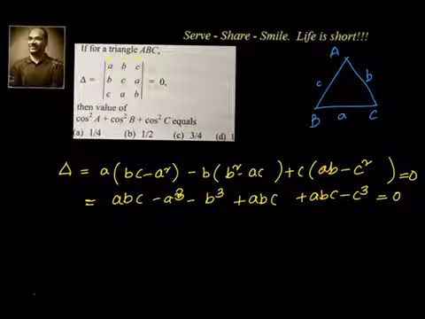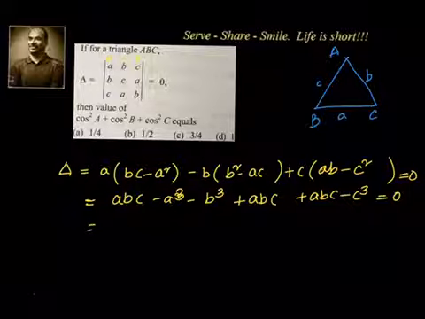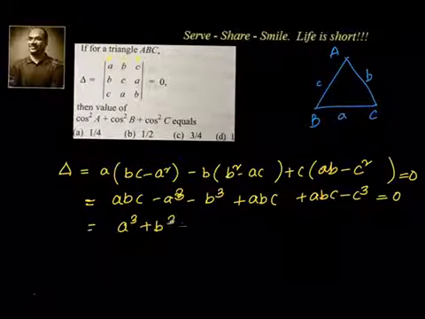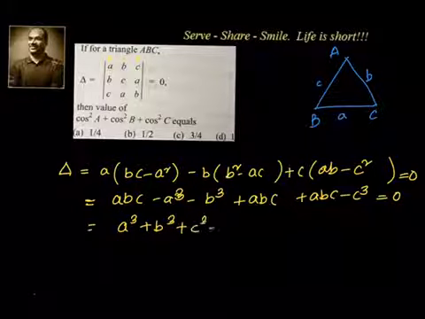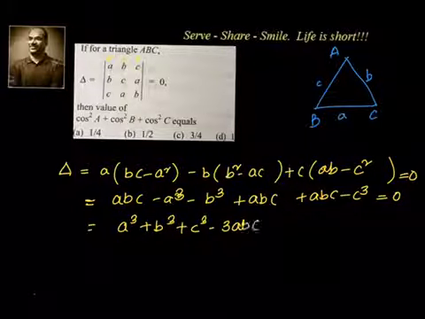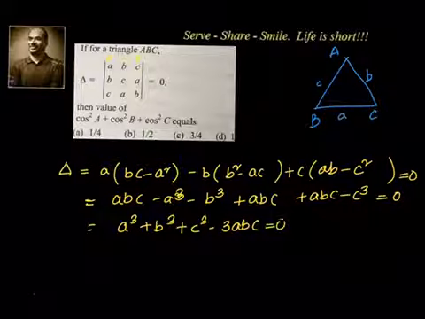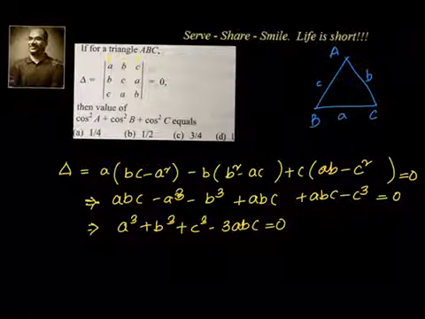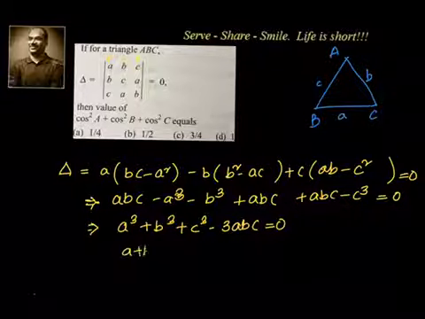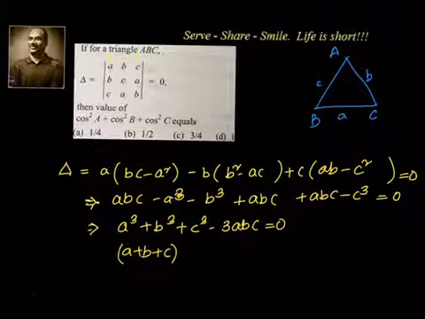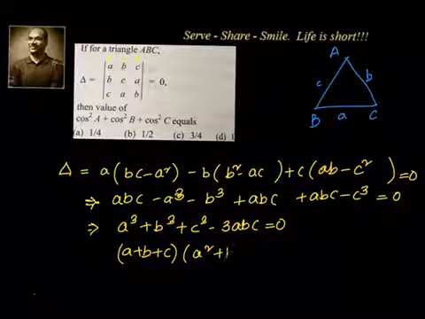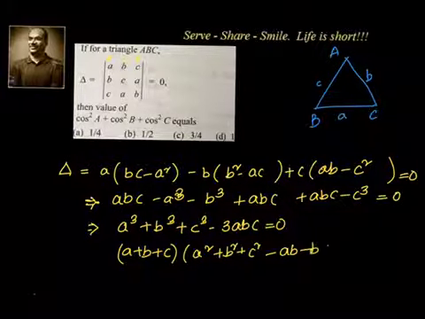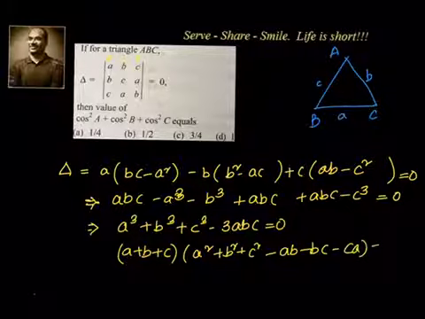That is equal to A cube plus B cube plus C cube minus 3ABC equal to 0, when you take the minus out. That means this can be written as A plus B plus C into A square plus B square plus C square minus AB minus BC minus CA equal to 0.